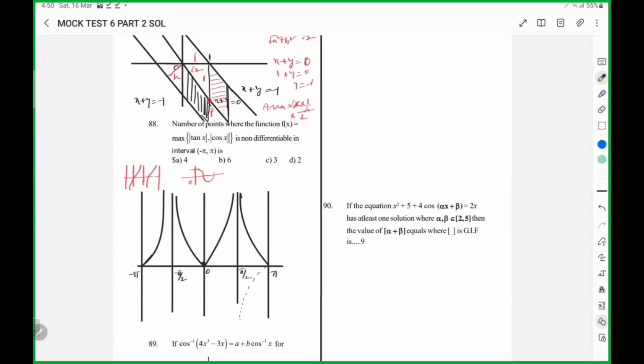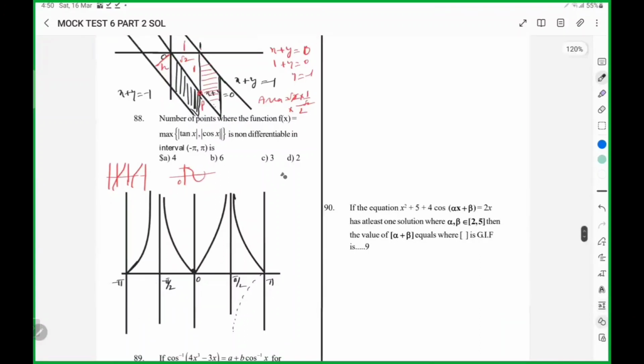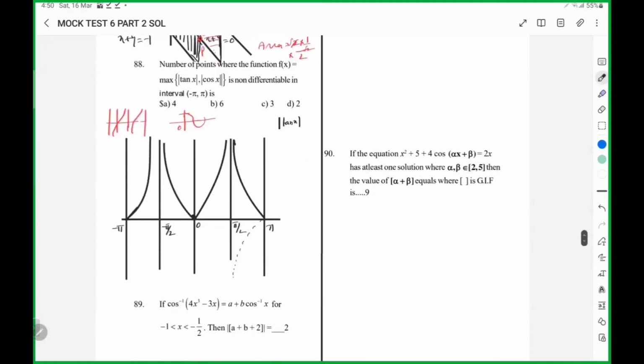So this is the mod of tan x graph. Mod cos x, cos 90 is 0. This is in fact mod cos x.